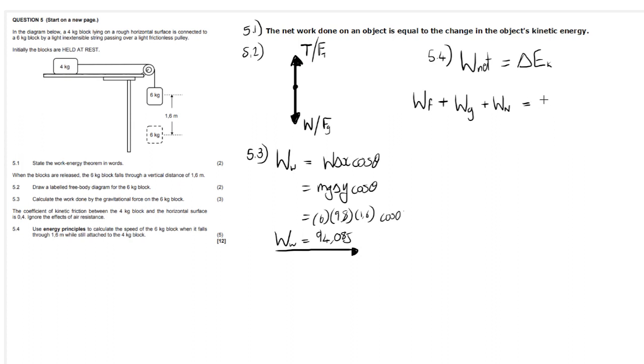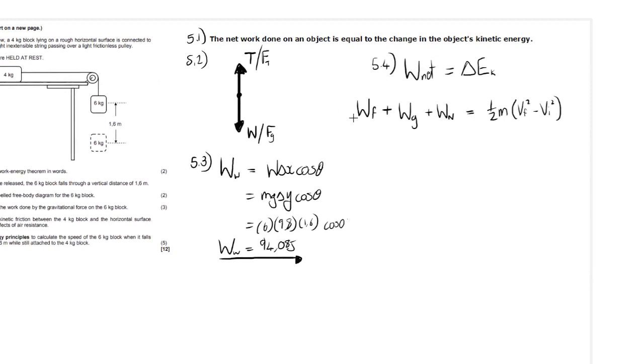And this will all be equal to the change in kinetic energy. Let's expand that as well. You've got one very large equation. You've got a half m times final velocity squared minus initial velocity squared. I've got very many values, and we will find that we can calculate them all right here. So let's have a look.